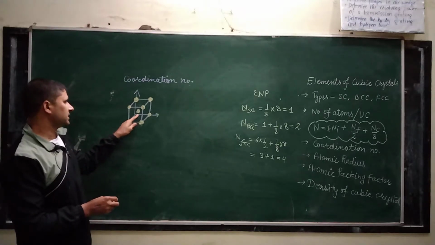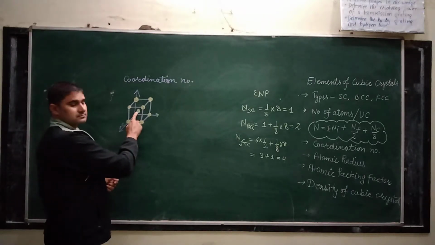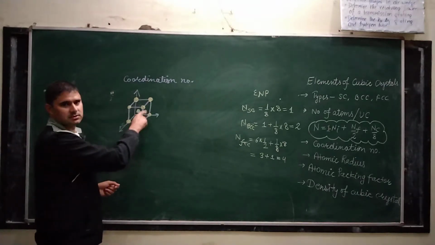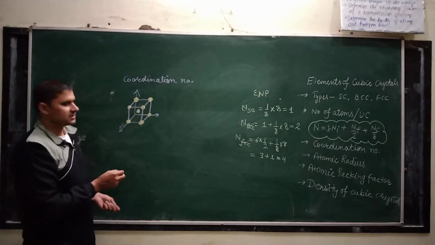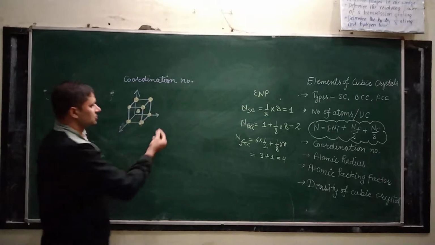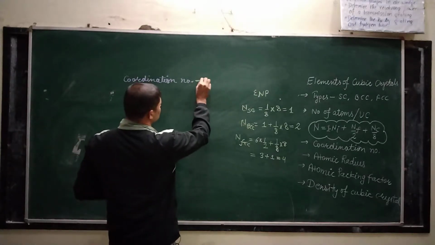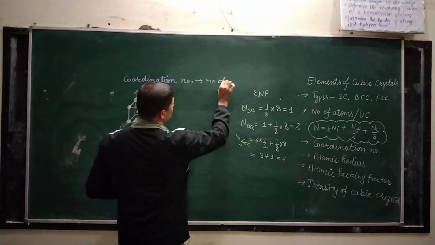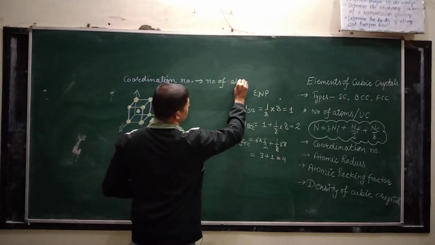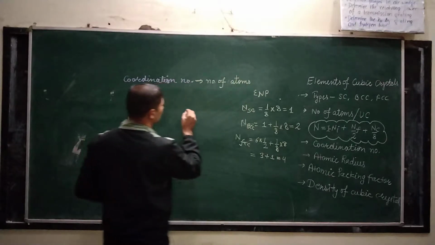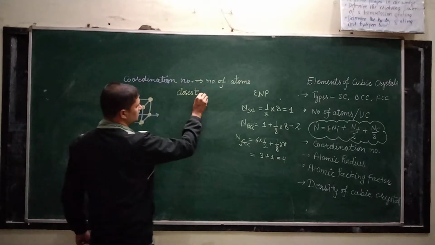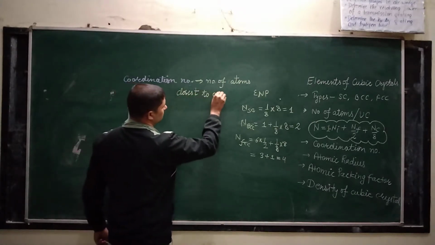Okay class, so you can see this particle is touching these particles which are present at the corner. So the number of particles which are touching it, that is the coordination number. So I can write it: this is the number of particles, or atoms, or molecules, the number of atoms closest to an atom.